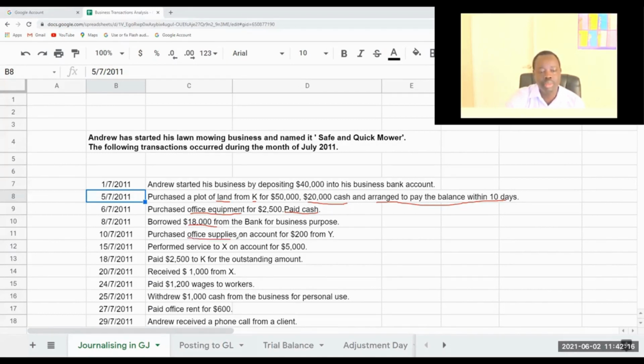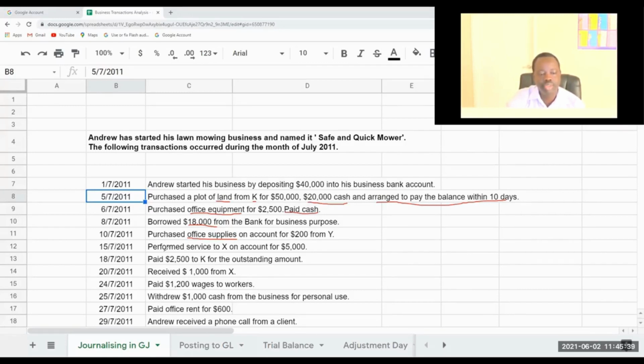The business bought office supplies, which the business uses to run the office. They're not for sale. These are assets bought on account for $200. On the credit side is accounts payable of $200. We have $200 on our debit side and $200 on our credit side. So that accounting equation is balanced.